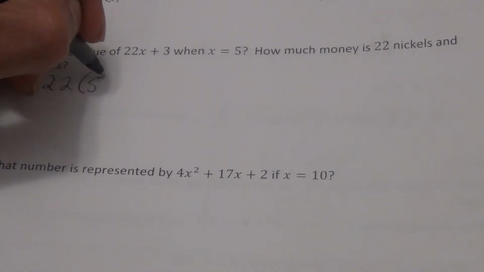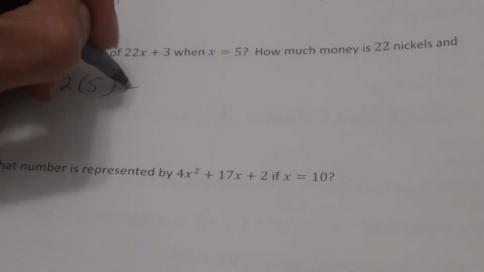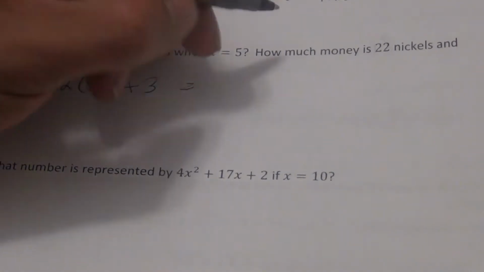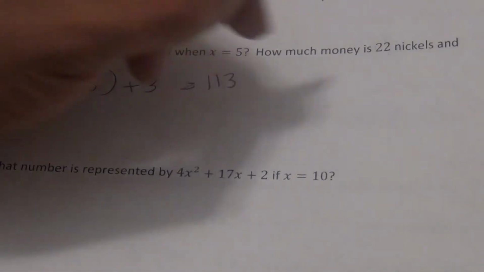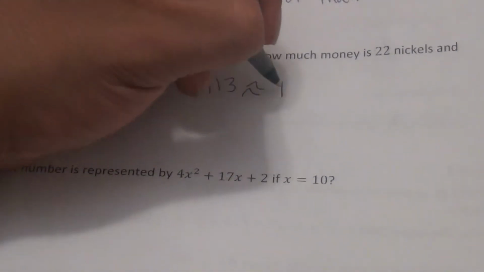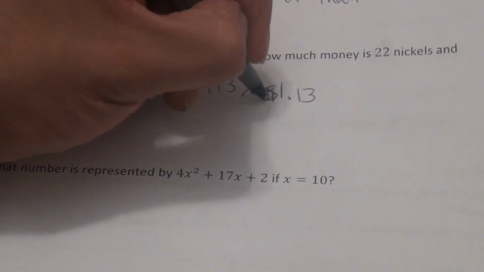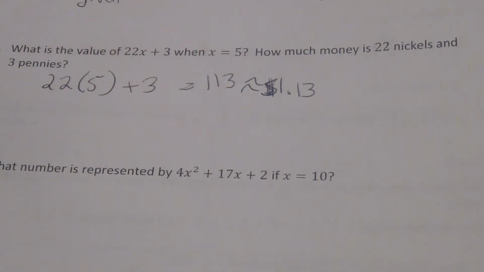X is 5. Okay, and then plus 3. 5 can be represented as nickels. So when you multiply that, you get 113, which is equivalent to $1.13.